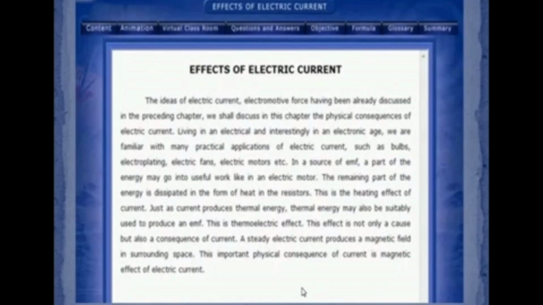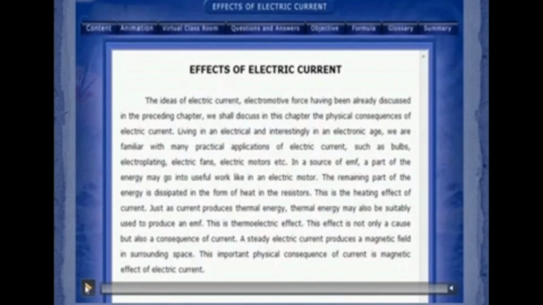When two dissimilar metals, meaning two different metals, are placed at two different temperatures, an EMF is produced. That is called the Seebeck effect.